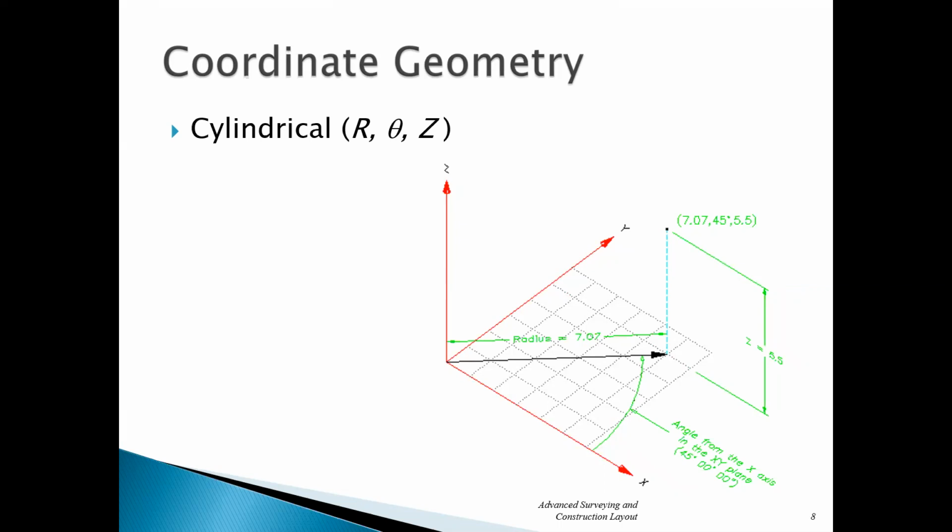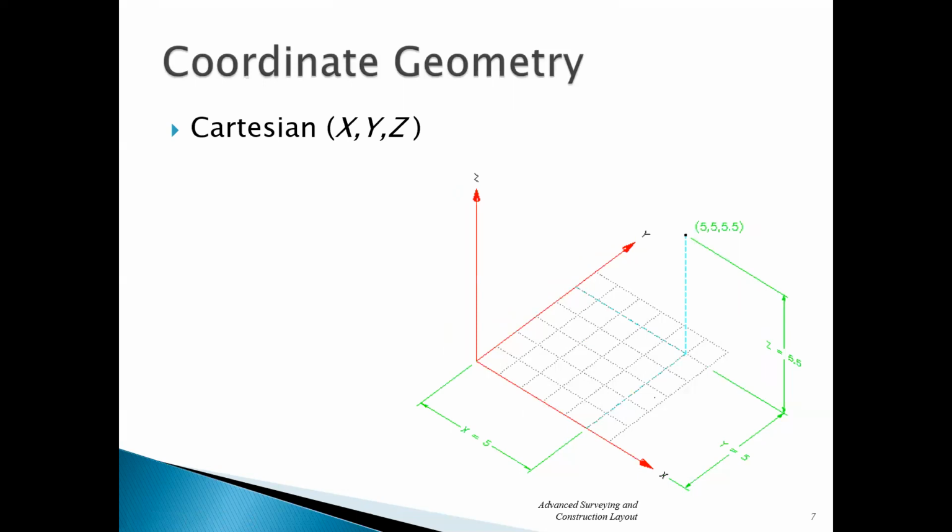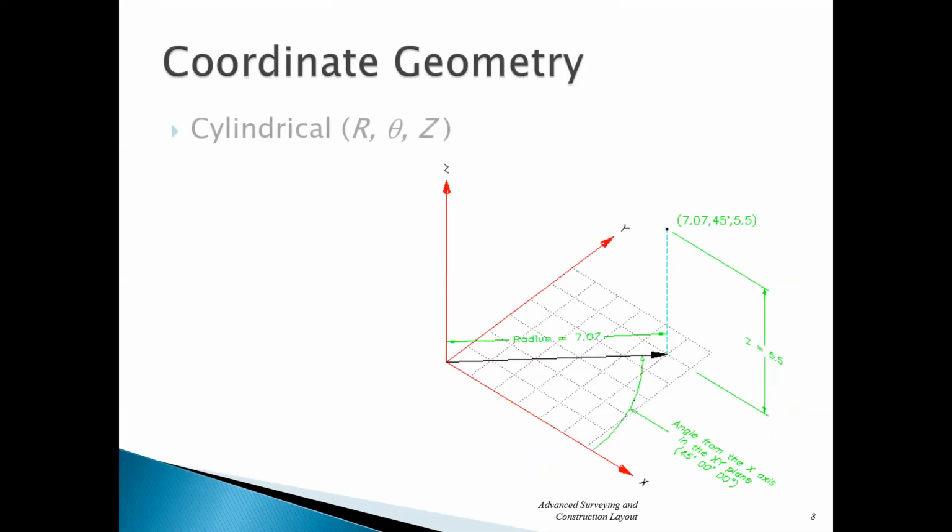So this is how it would be expressed as a cylindrical coordinate: your radius, your angle in the XY plane, and your Z value above the XY plane. Again, that picture and that picture are exactly the same. The only difference is the expression of the coordinate system.